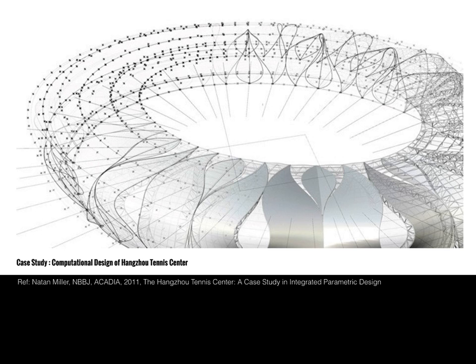This is a story of the design of the Fengzhou Tennis Center, which is about to open in a few weeks' time. That's a stadium whose primary purpose is tennis, but could be used for other functions as well, and could be seen as a case study in integrated parametric design, as parametric design was used at different scales for different things.